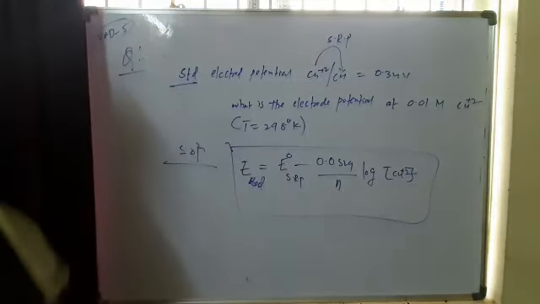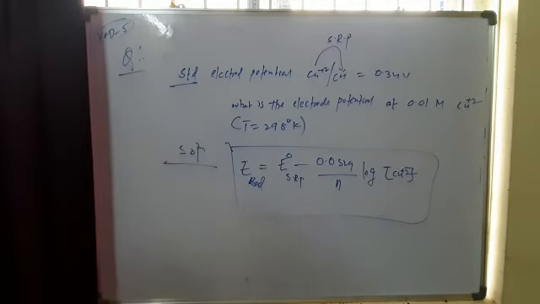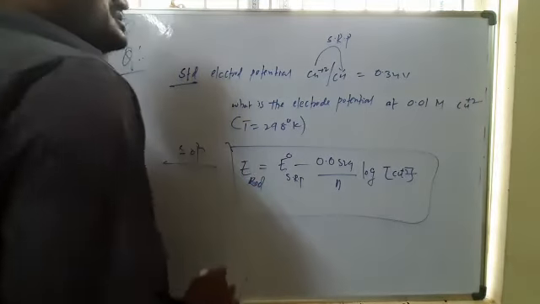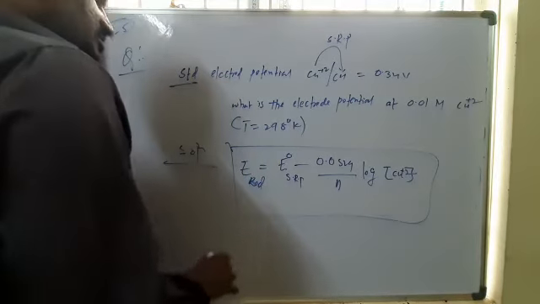So this is the formula for the metal half cell, from the Nernst equation. This is the formula you can use, for reduction potential or electrode potential.